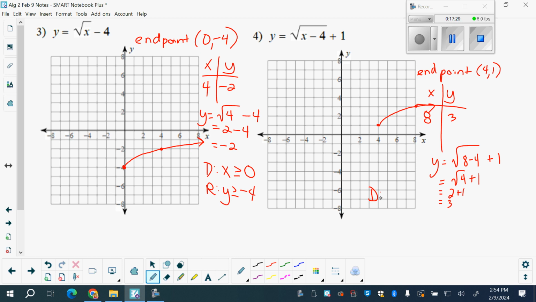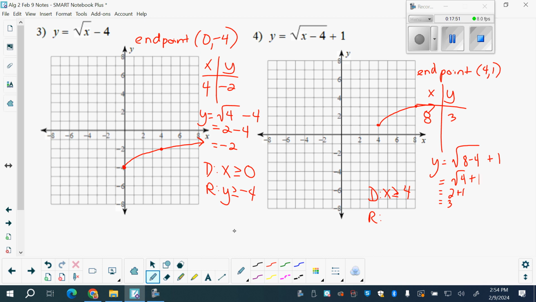What's your x value at your endpoint? It's 4. So it's going to be x has what relationship to 4? Greater than or equal to 4. Because it's got a point there. That makes sense?